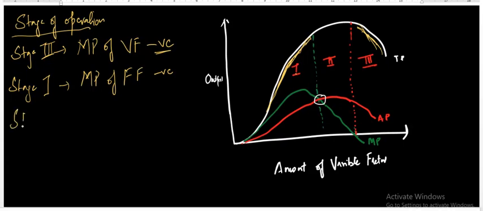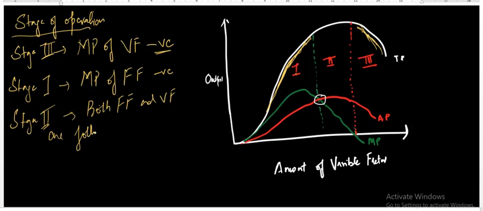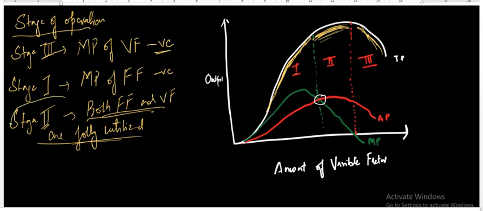And in stage 2, both the fixed factor and the variable factor are fully utilized, and the plant is operating at the optimum capacity in this stage. Although the production is increasing at a diminishing rate, still the plant is fully utilized, so the best stage of operation is stage 2.